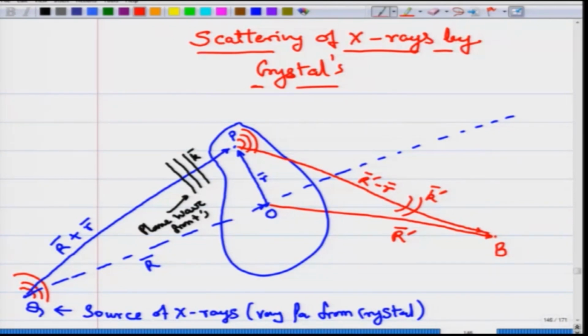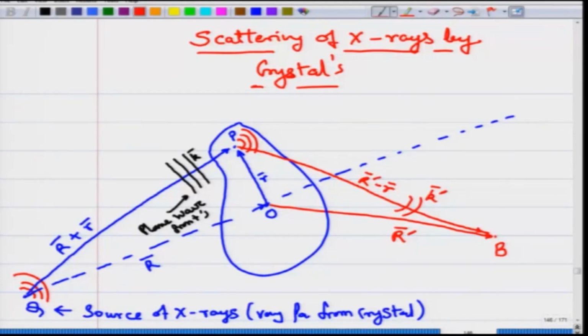So, you have plane waves which strike point P, generate spherical waves as secondary waves which scatter the light with a wave vector k prime. This is the wave vector of the wave fronts which are reaching point B, and they reach point B. Now, we will analyze this picture as we go along next.